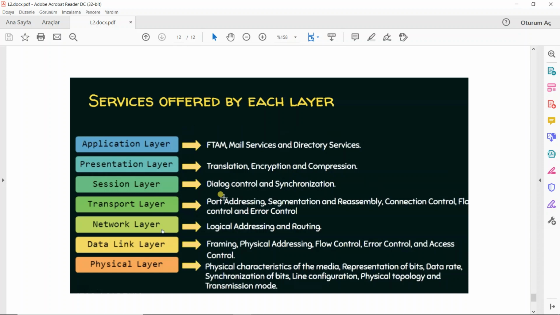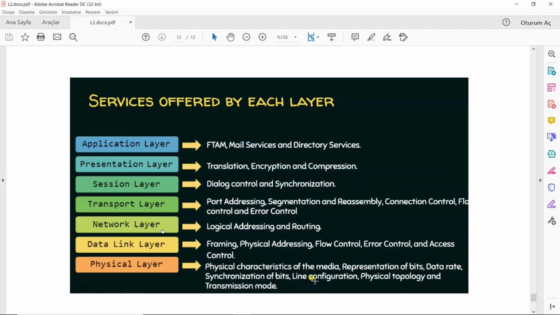Transport layer deals with port addressing, segmentation, and reassembly, connection control, flow control, and error control. Network layer deals with logical addressing and routing. Data link layer deals with framing, physical addressing, flow control, error control, and access control.